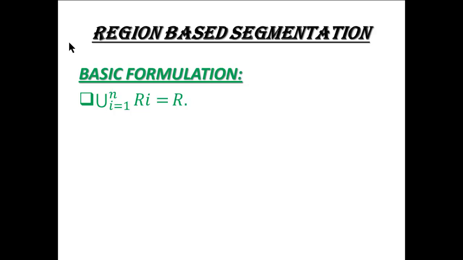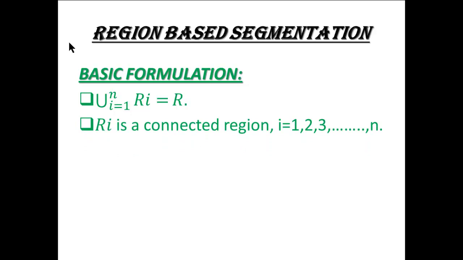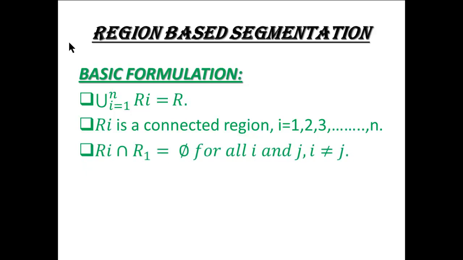Region growing methods. The union of Ri equals R. Ri is a connected region, for i equals 1, 2, 3, up to n. Ri intersection Rj equals null for all i and j, i not equal to j.